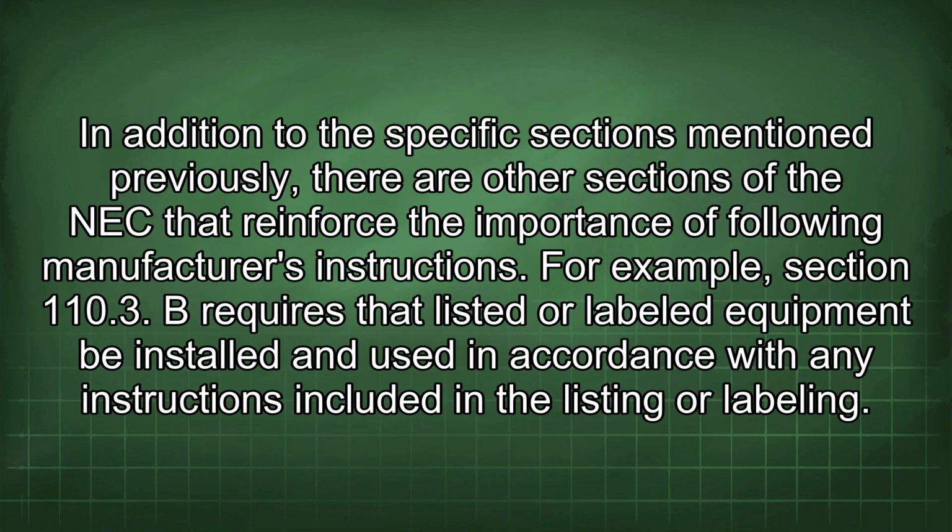In addition to the specific sections mentioned previously, there are other sections of the NEC that reinforce the importance of following manufacturer's instructions. For example, Section 110.3(B) requires that listed or labeled equipment be installed and used in accordance with any instructions included in the listing or labeling.